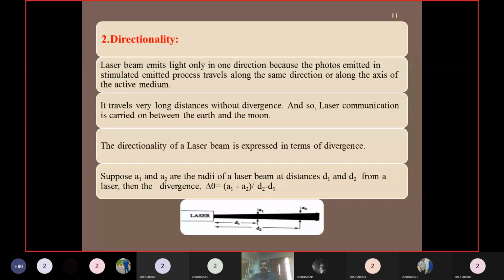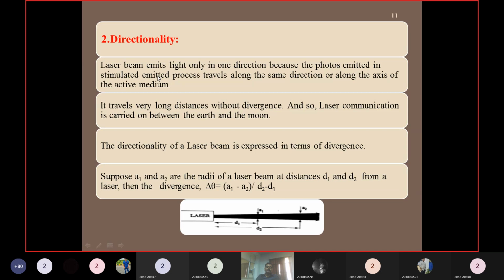Now we are discussing directionality. The laser beam emits light only in one direction, because photons emitted in the stimulated emission process travel along the same direction, along the axis of the active medium.